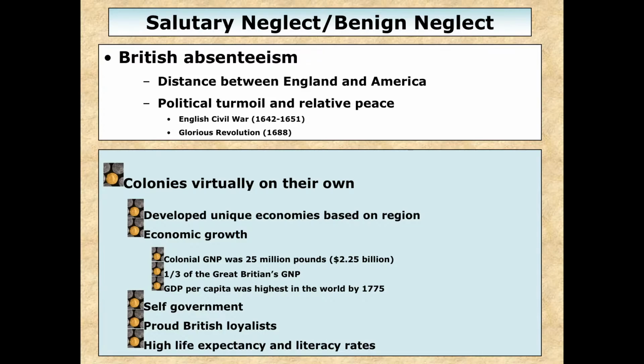It's got all kinds of craziness going on with the English Civil War, and again with the Glorious Revolution, where King James II is pretty much fleeing the country because we've got William and Mary of Orange coming in, instituted by Parliament. So, the colonies are pretty much there to defend for themselves, and that's what they do.